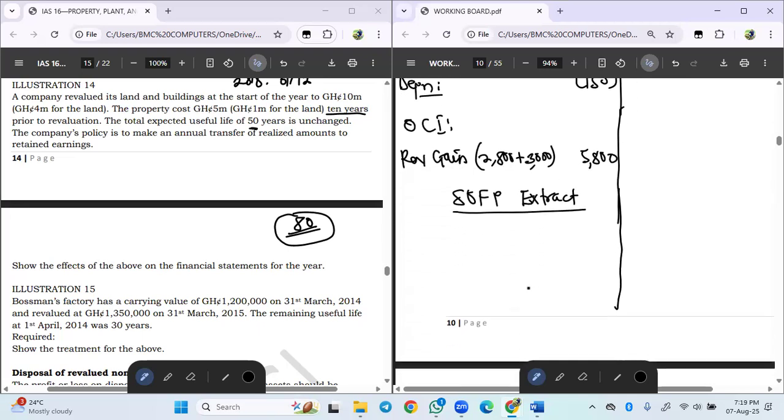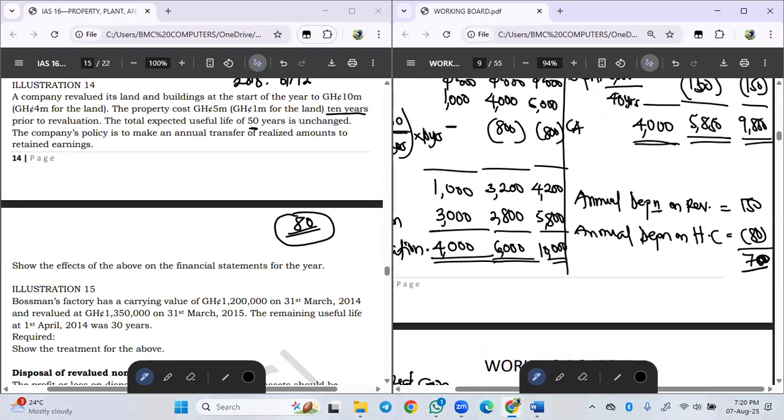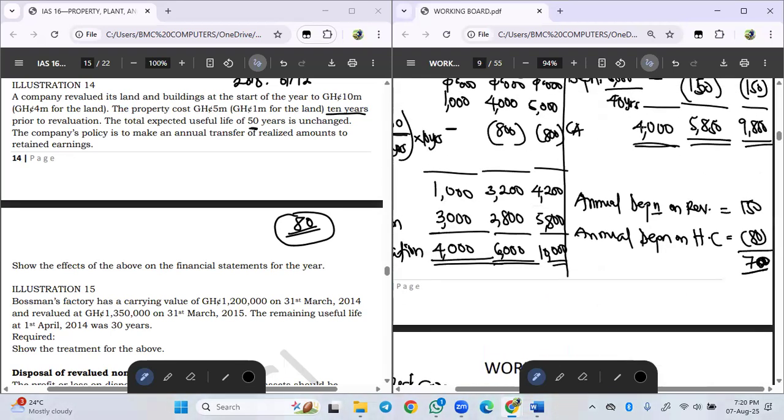That one will be PPE, or non-current assets, then PPE. You have land. So land is carried at what? 4,000.